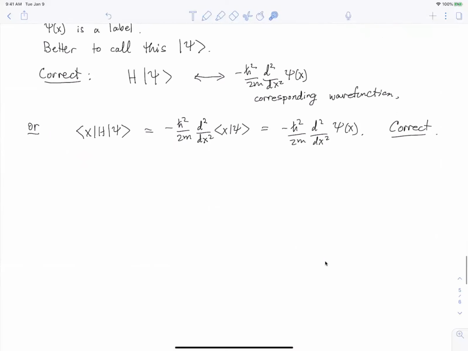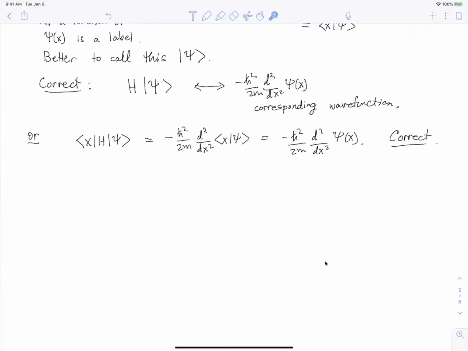But the more immediate difficulty for this problem is that the eigenvalue equation for the Hamiltonian looks like this. Notice I'm writing it in terms of the wave function because that's how the differential operator works. That is question mark equal to E times psi.